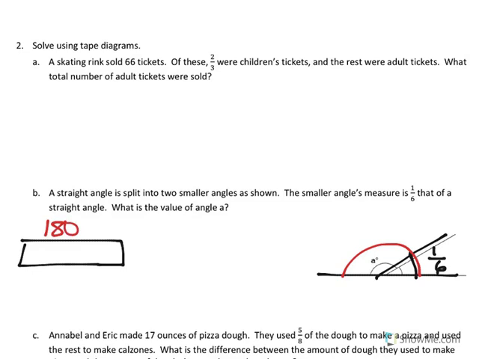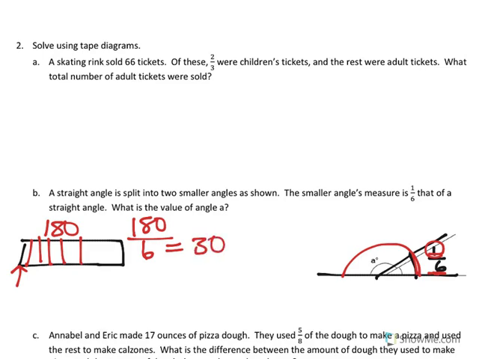So if we broke up 180 degrees into, as you can see here, sixths, we need to figure out how much one of them is, because the short angle is 1/6. So that would be 180 divided by 6, which is 30.